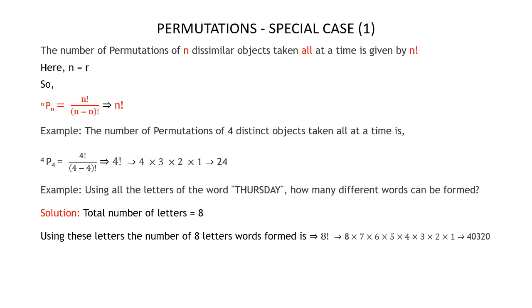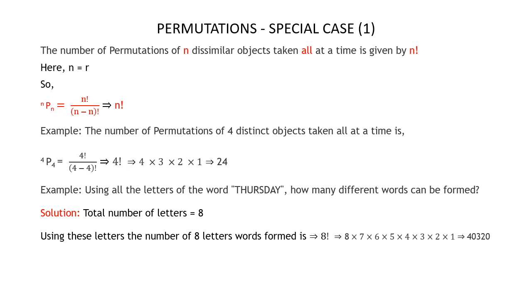Let's now learn a few special cases of permutations. The number of permutations of n dissimilar objects taken all at a time is given by n factorial. Let's find out how. Now we know the formula for permutation of n dissimilar objects taken r at a time is given by nPr, and nPr is equal to n factorial divided by n minus r factorial.